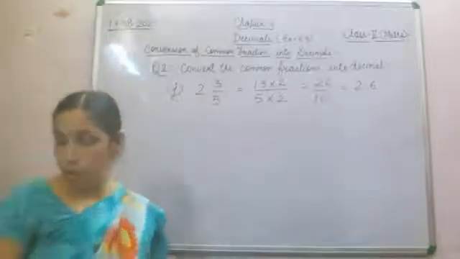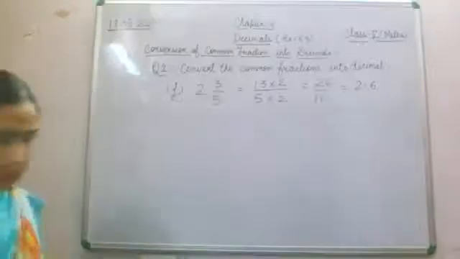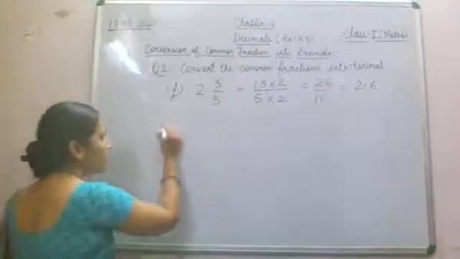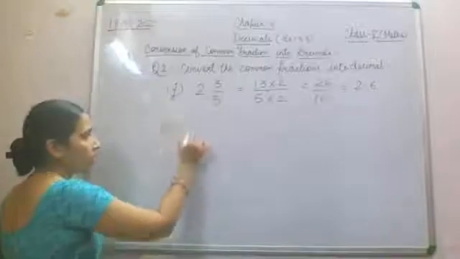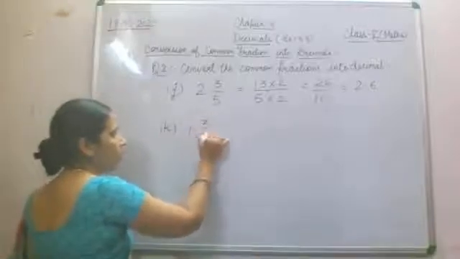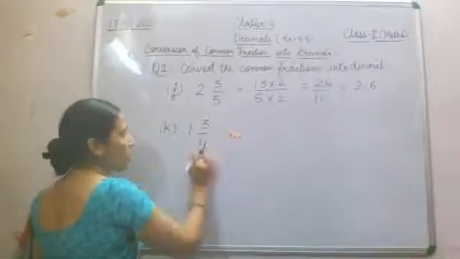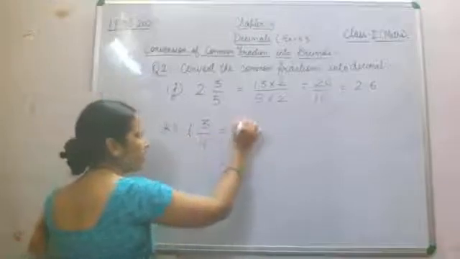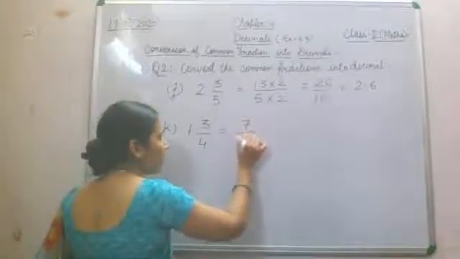Fine. So similarly we'll do the K part. The K part also we will do with this method only. 1 3/4. Do the multiplication: 4 ones are 4 plus 3, 7/4.